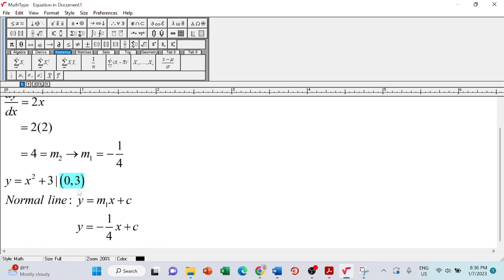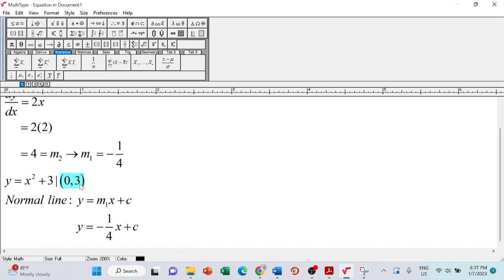Equation yang medium the coordinate yang medium highlight sekarang ni, they can change to other coordinate lah. Let's say dia bagi coordinate x2, y5. And then they mention that this point is the coordinates that passes through your tangent and normal line. That means this is intersection point for example lah.